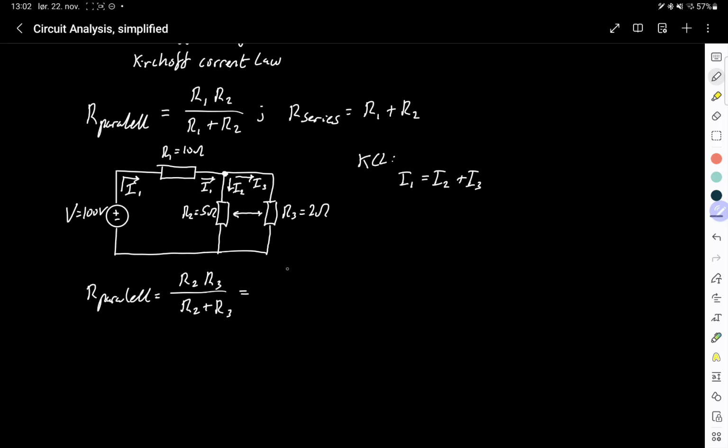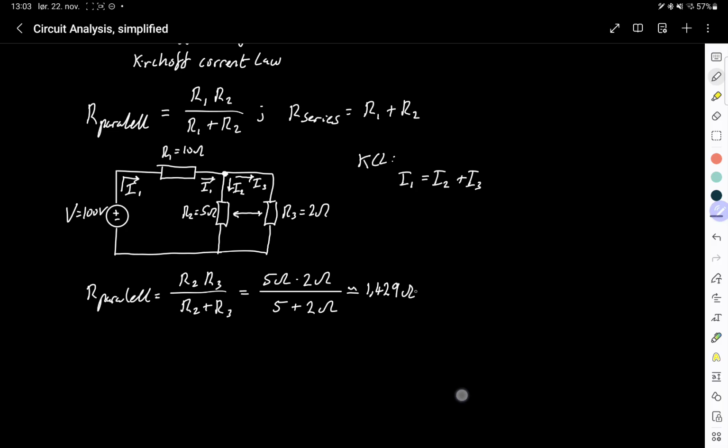Now let's just input the numbers. So it's going to be 5 ohm times 2 ohm over 5 plus 2 ohm, which will approximately equal 1.429 ohm.